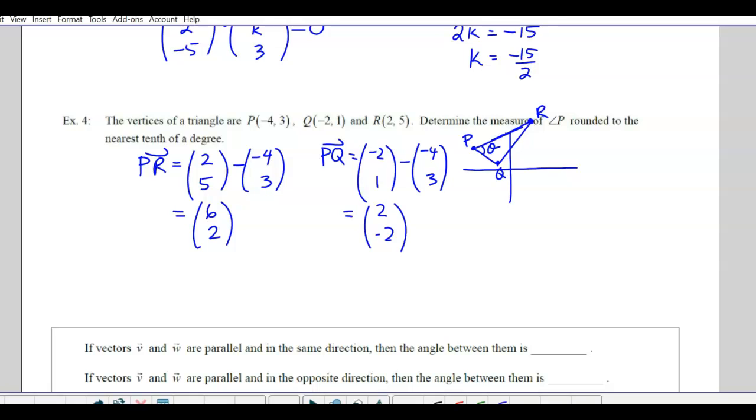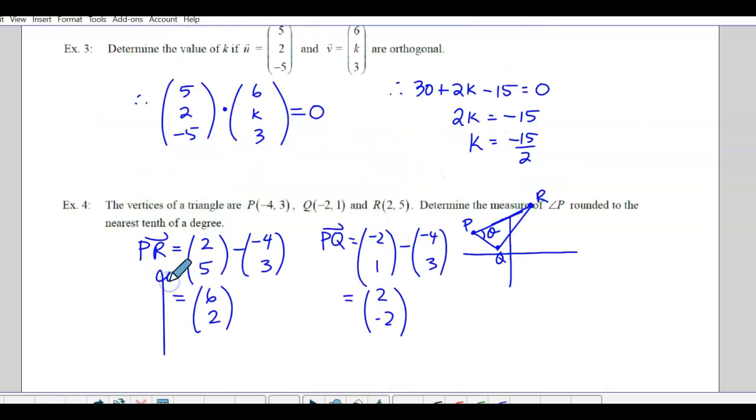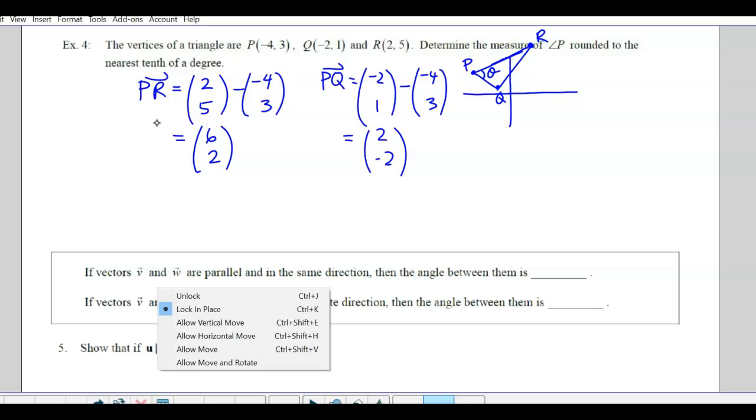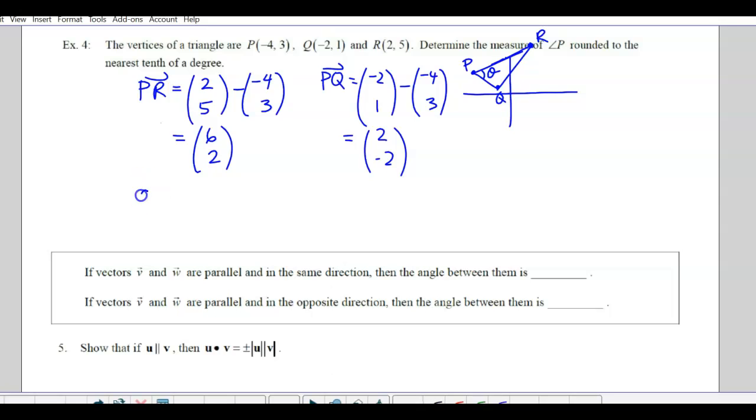But you would use the new magnitudes is sort of what you have to do. So we'll leave that for now. Just use those as your vectors. So our cosine theta will be 6, that's going to be 12 minus 4 over 40, 8.